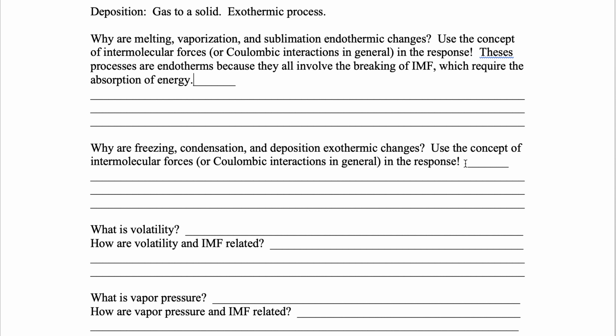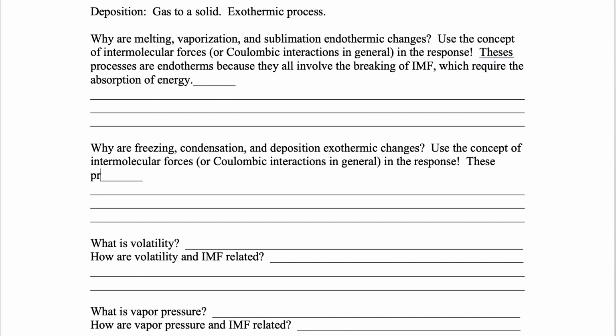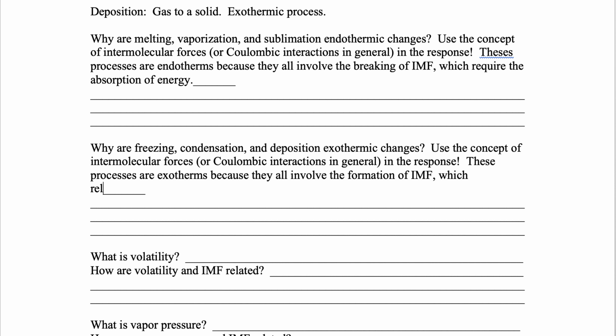Alternatively, freezing, condensation, and deposition are exotherms because they all involve the formation of IMFs, which releases energy.